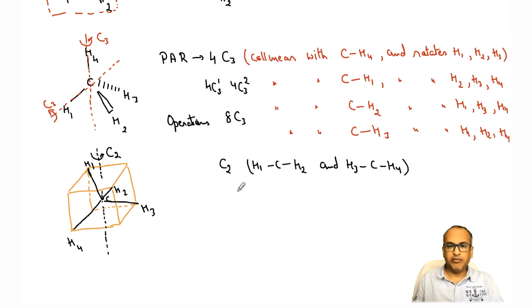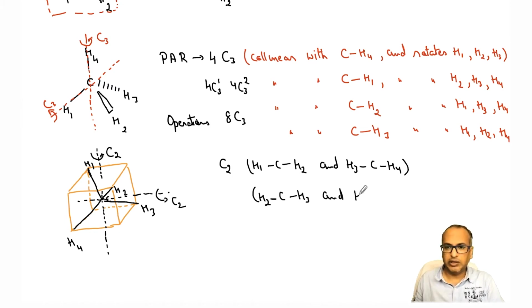Now let's see if we have any other C2. If we carefully see, there is this particular face, so there is one C2 which is going through this horizontal face. This is my C2. Now this will be bisecting the H2 C H3 angle, and on the other side this will also be bisecting the H1 C H4 angle.